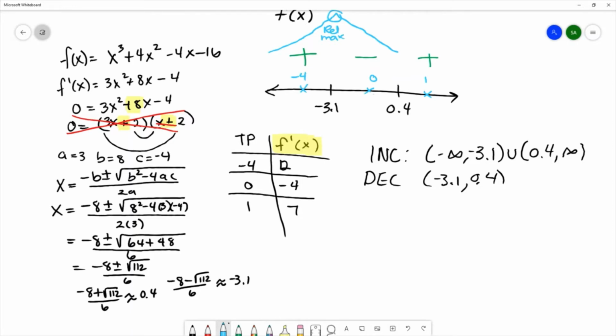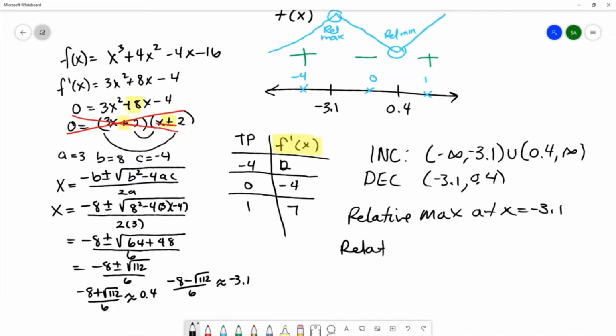And when the function goes from decreasing to increasing, that's going to create a relative min. So I know, based on that chart, that there is a relative max at x equals negative 3.1 and a relative min at x equals 0.4.